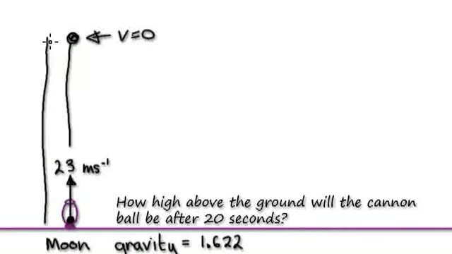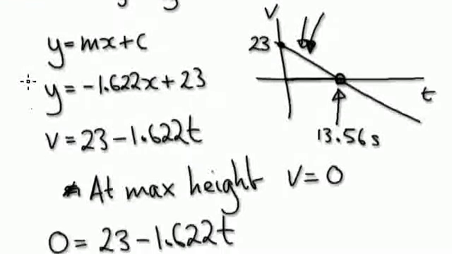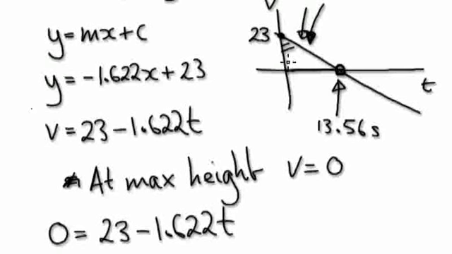Let's find out the maximum height, because later on we're going to need to take away the free fall height. So let's quickly calculate it. The maximum height will be the area here.